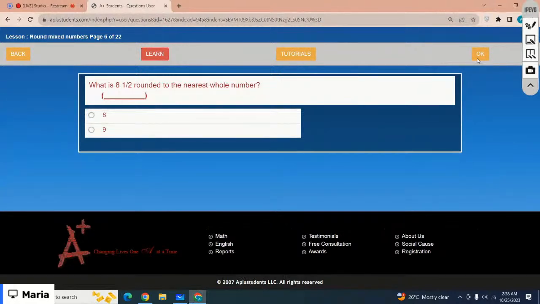Okay, 8 whole 1 over 2 rounded to nearest whole number. Which is the correct option? 8 whole 1 over 2. 1 over 2 is equal to 1 over 2.